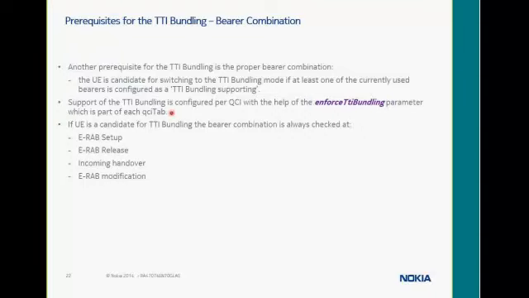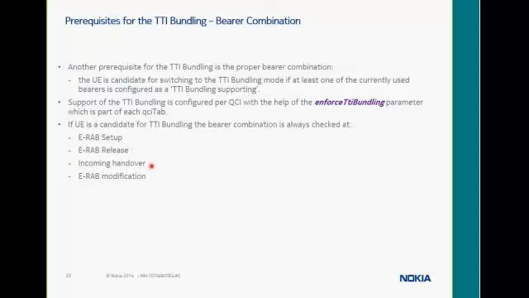Okay, and this would be in the QCI table or QCI tab for that particular bearer flow. I'm always checking for TTI bundling conditions and bearers when I'm doing my establishment of my call. So during the ERAB setup or release, I will look at the TTI bundling.